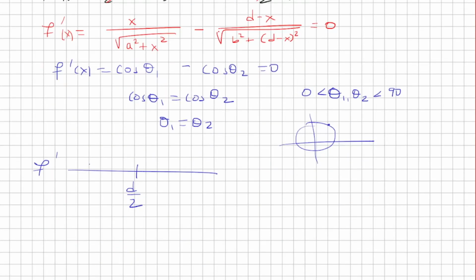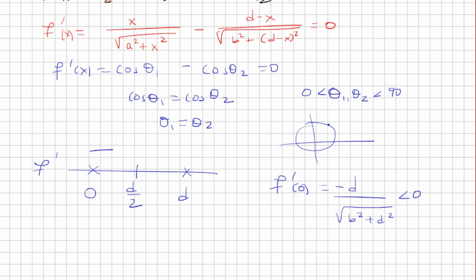Now we're going to test a point, let's call it 0, and then test another point, d. Let's look at f prime of 0. Over here, 0 for x makes this whole thing 0. And then I have x over the square root becoming 0, so I have negative d over the square root of b squared plus d squared. This is negative because the square root is positive, d is positive, but I have a negative.